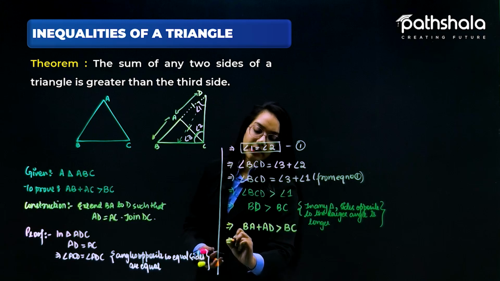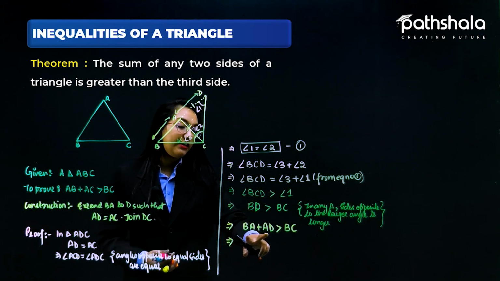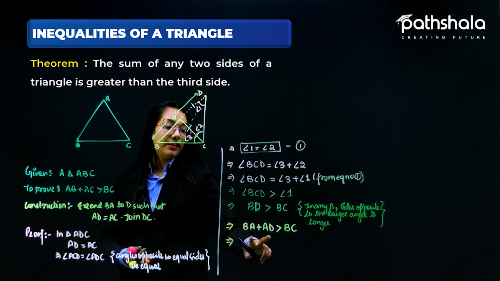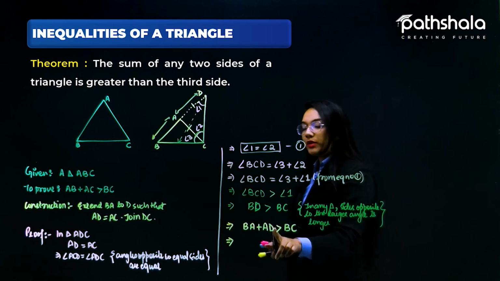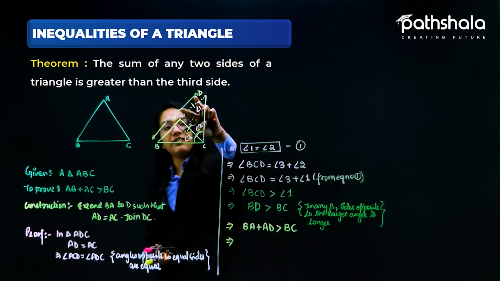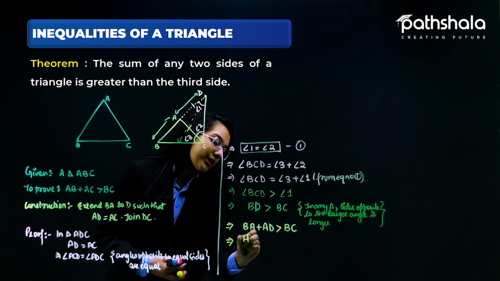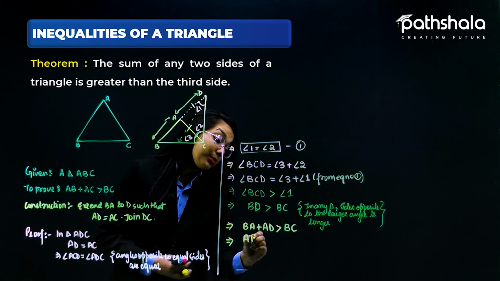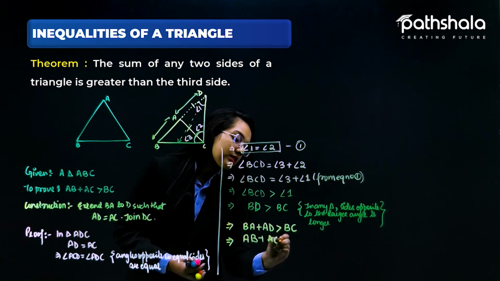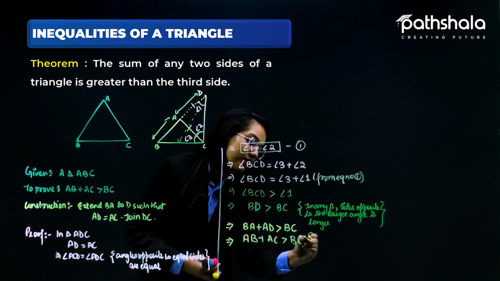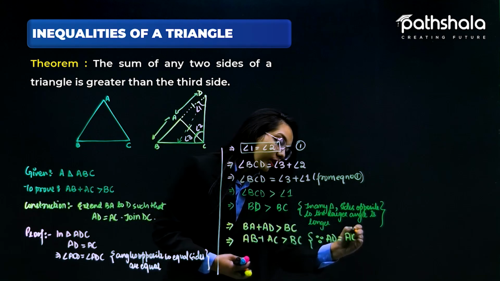Hence it implies that BA plus AD is greater than BC. In place of AD we can write AC. So rewriting it, in place of BA I use AB, plus in place of AD we write AC, is greater than BC, since we know that AD is equal to AC.